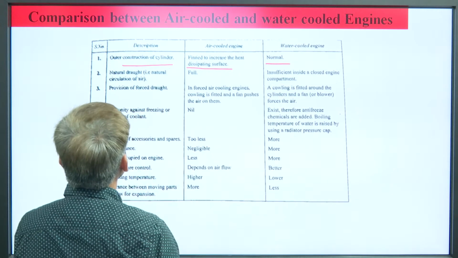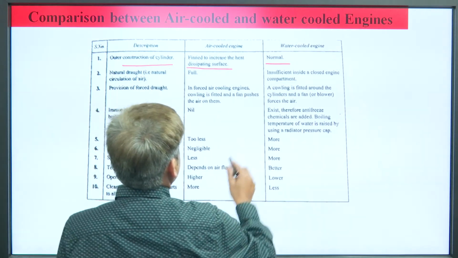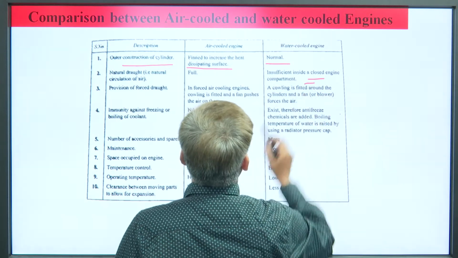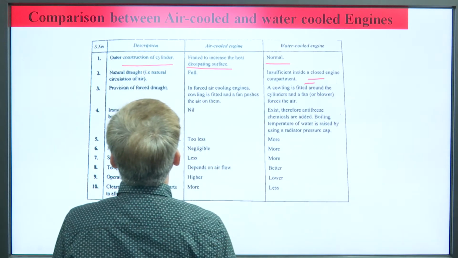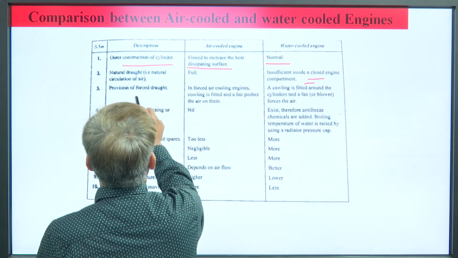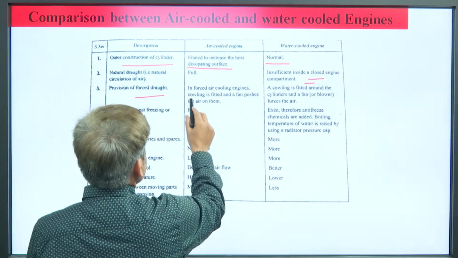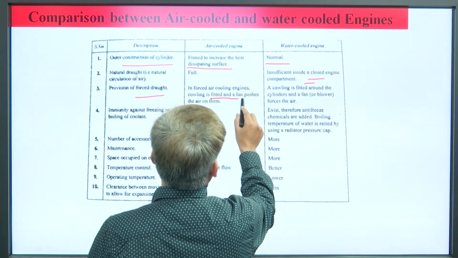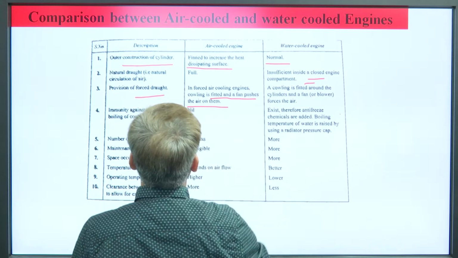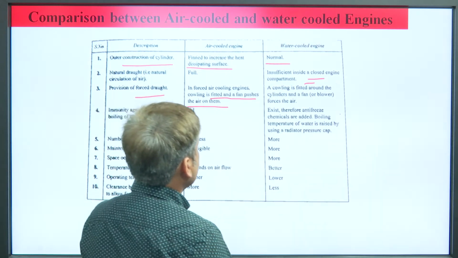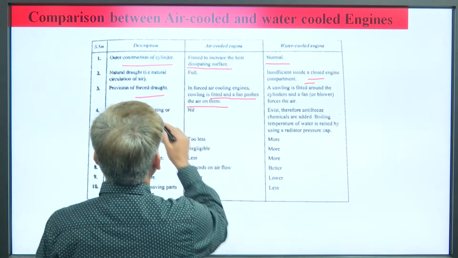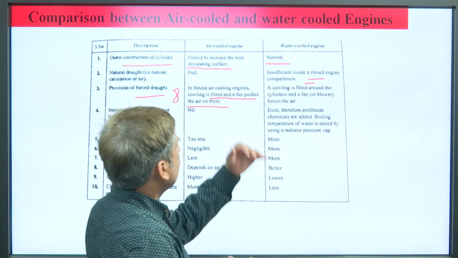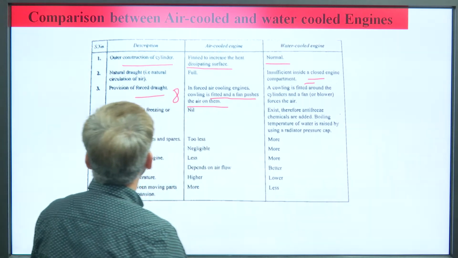Natural draught, natural circulation of air, is insufficient inside a closed engine compartment, so there is provision for forced draft. In forced air cooling engines, a fan pushes the air over the cylinder for cooling purposes. Similarly, here we use some blower or fan.